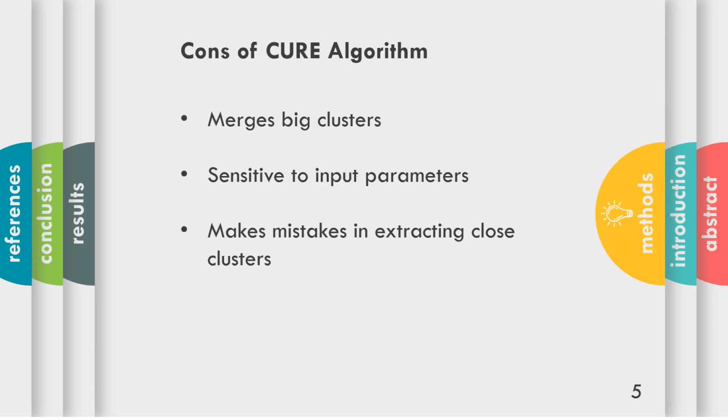Last but not least, it makes mistakes in extracting the closest clusters in high-dimensional datasets, because this algorithm uses some of the data points for representing clusters, and if the number of representatives is considered a small number, the algorithm will have trouble finding the closest clusters. All of these reasons cause wrong results of cluster extraction in some datasets when we are using the traditional CURE algorithm.